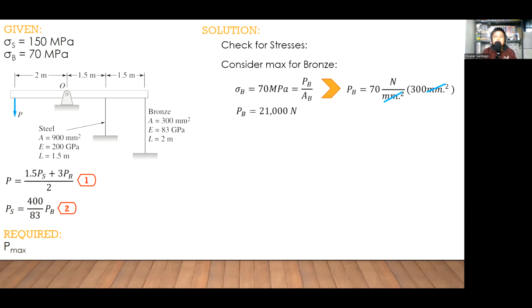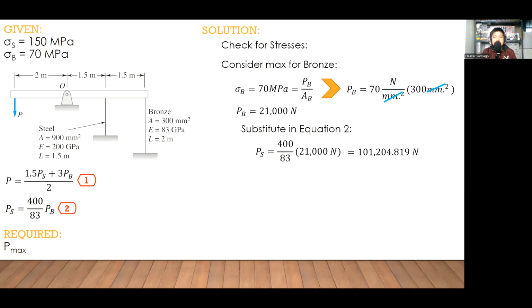Now, knowing PB, substitute in equation number 2 for us to obtain the value of PS, wherein PS is equal to 400 divided by 83 times this PB, that is 21,000 newtons. Thus, the value of PS is about 101,204.819 newtons.